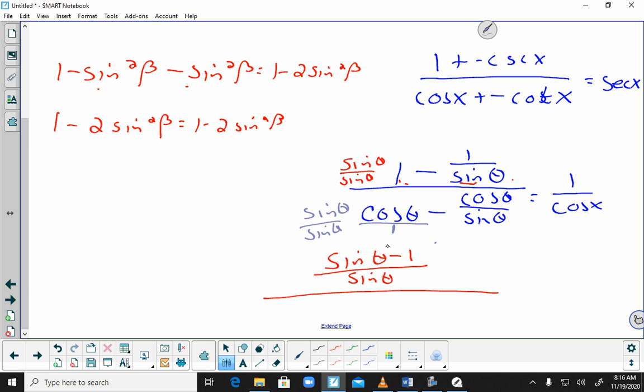And when I do that, I'm going to have sine of theta times the cosine of theta minus cosine of theta, and that's all going to be over the sine of theta. And again, I'm trying to show that it's equal to 1 over cosine theta. Forgot to change it to theta.